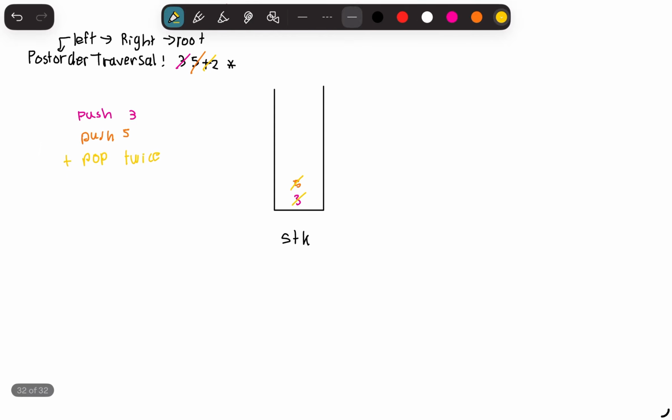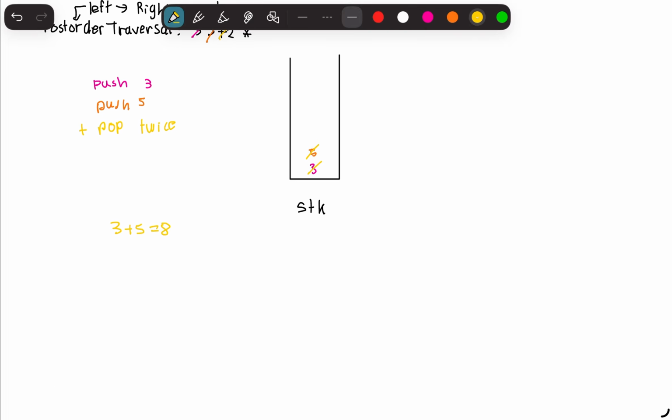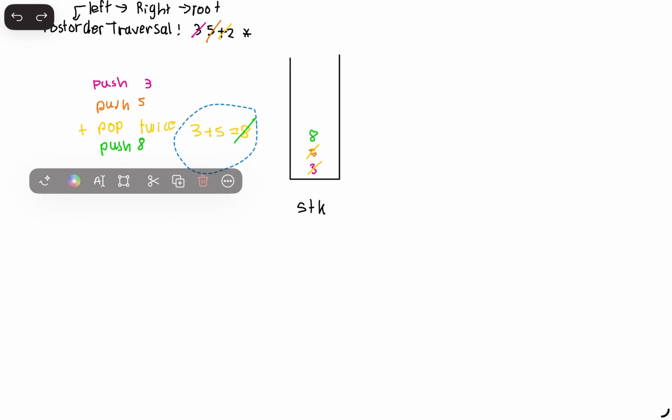So now you're going to have 3 plus 5 equals 8. And you're going to take this result and push it back onto the stack. So now your stack just has 8 on it. I'm going to put this with our work right here.